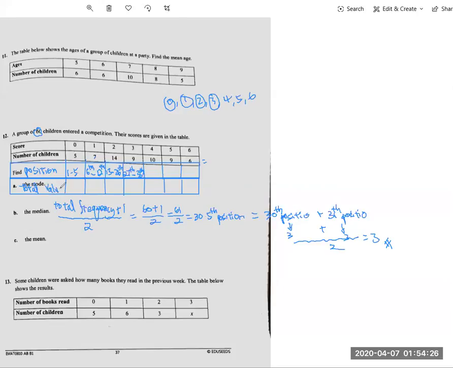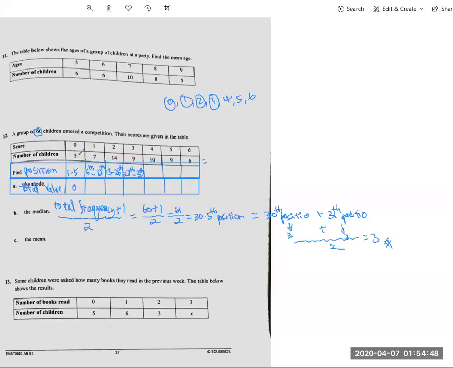But remember, D is the total value. Here you're going to fill up the total value for this column alone. Okay, what does it mean? Now, 5 students, each of them 0 score. So what is the total score of 5 students? It's still 0, am I right?